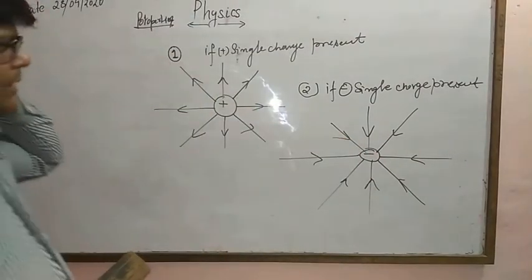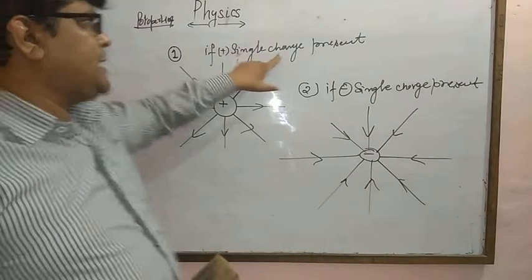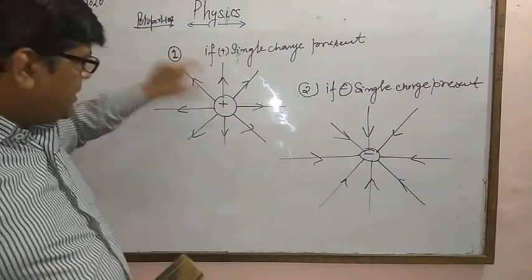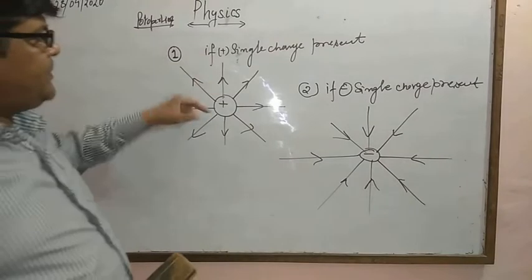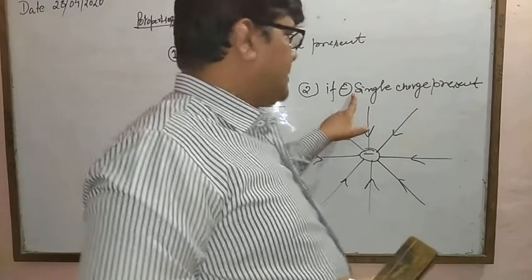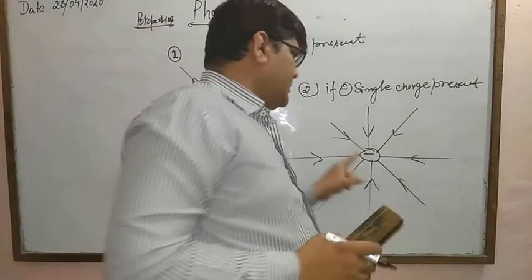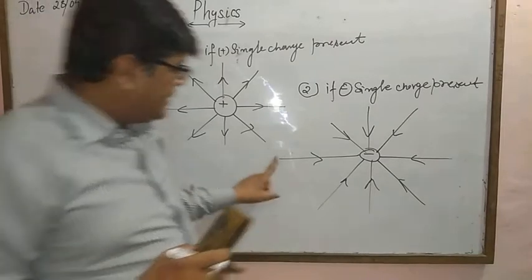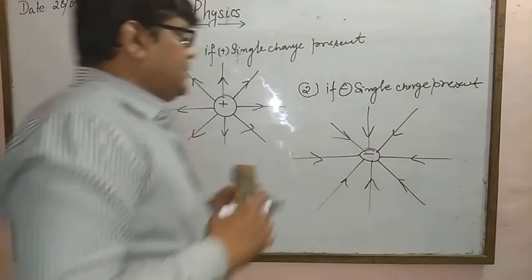The first figure is a single positive charge, where lines come from the positive charge and go to infinity. Second case, a single negative charge, where lines come from infinity and terminate in the negative charge.